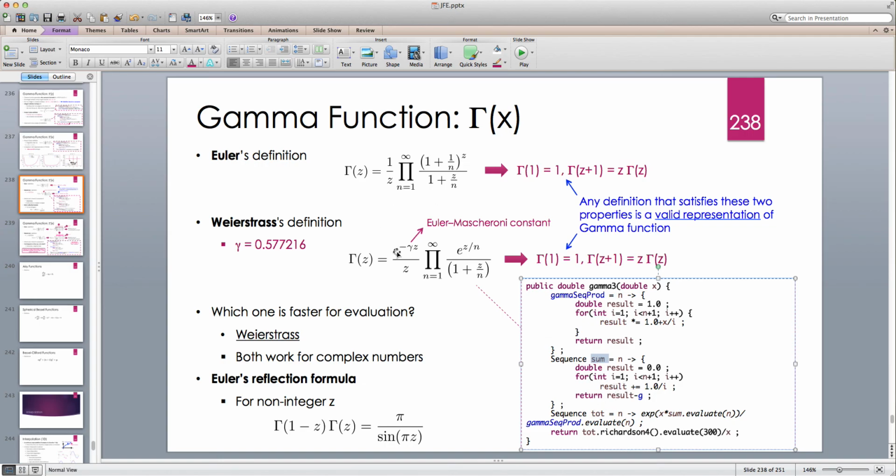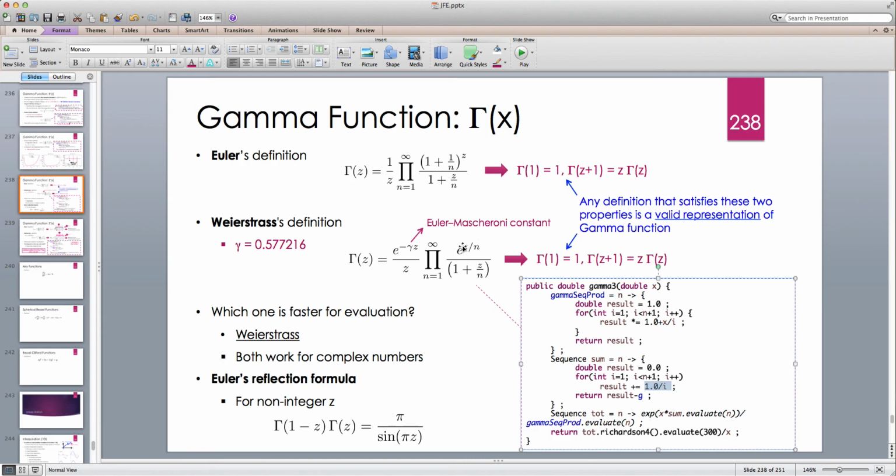What is the sequence? I can bring this exponential inside, and when we multiply exponentials, we can just sum up all the exponents first, and then take the exponential function of that evaluated exponent. So I'm multiplying all the exponentials by summing all the exponents first.